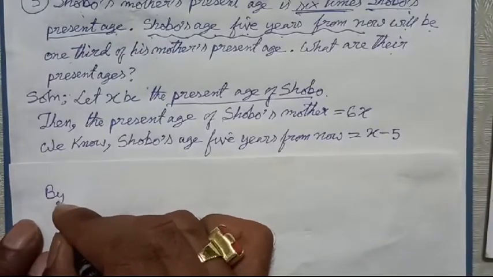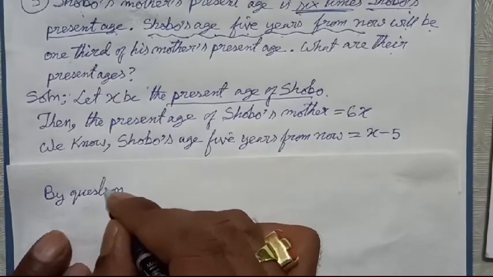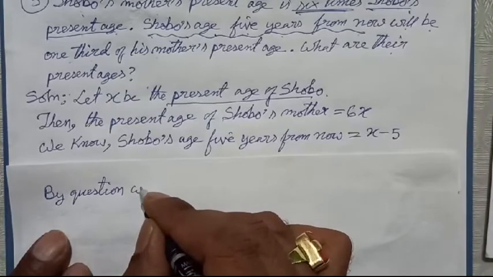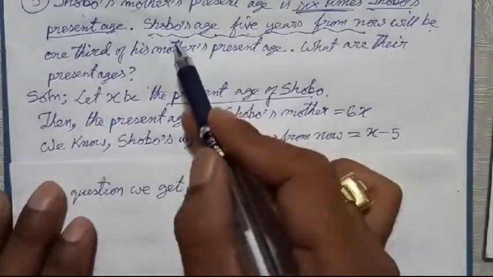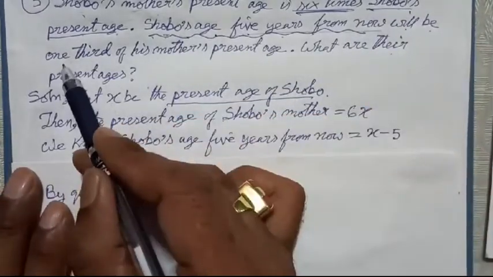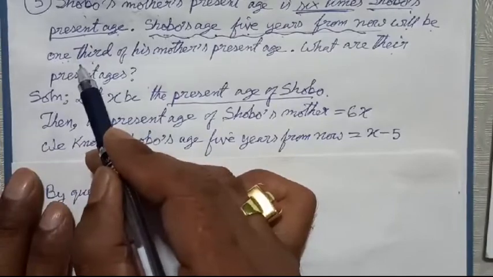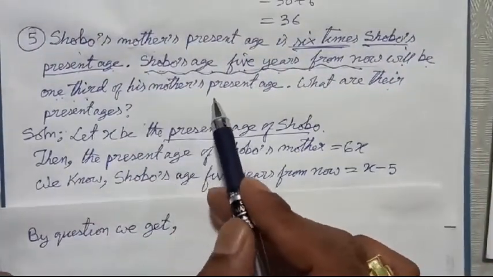By the question we get: Sobu's age 5 years from now will be 1/3 of his mother's present age.